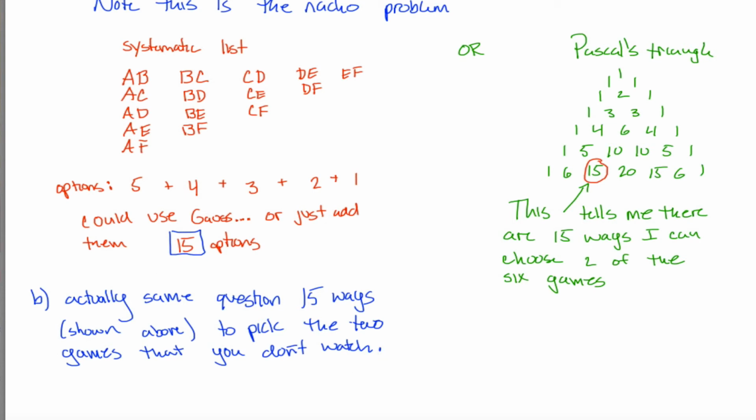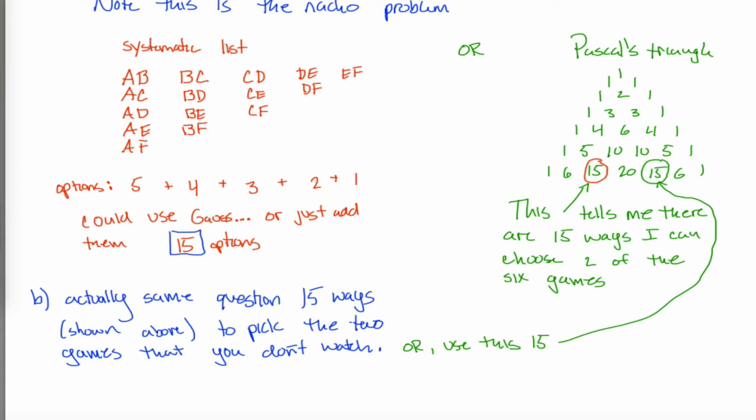And that's true. Or, maybe I'll even say, or use this 15. This 15 right here, it turns out, is the number of ways you can watch 0, 1, 2, 3, 4 of the 6 games. So either way, either you go back to Pascal's triangle and know that encoded in that triangle is this information, or you kind of make your systematic list, something like that. You get the same answer, it's 15.